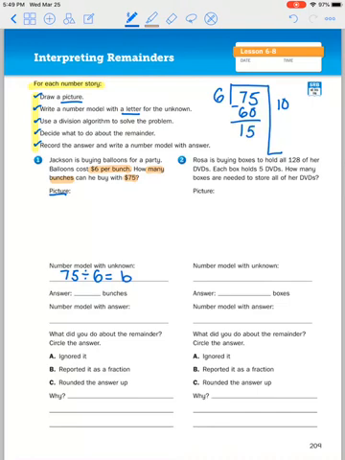And I know that 15 is not a multiple of 6, so I'm going to have a remainder. So then I know that 6 times 2 will give me 12. That's close enough, with a remainder of 3. So my answer is 12 remainder 3. So that's what I'm going to put on here. He could buy 12 bunches.